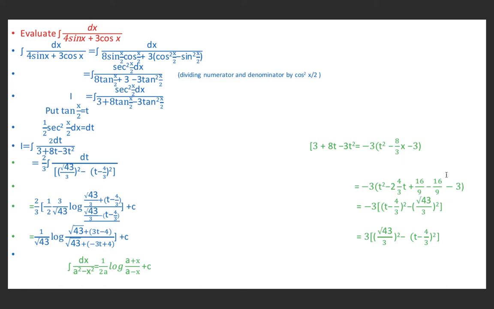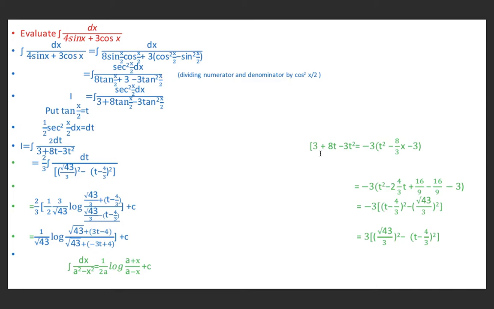This term is 43 upon 9. So 43 upon 9 is the square of under root 43 upon 3. So I have written this as minus 3 times, t minus 4 upon 3 whole square minus under root 43 upon 3 whole square. Because we have minus outside the bracket, multiply it inside, so it will be under root 43 upon 3 whole square minus t minus 4 upon 3 whole square.